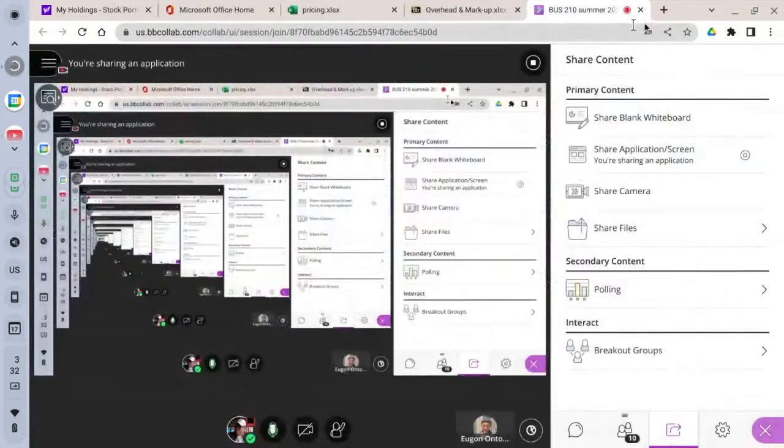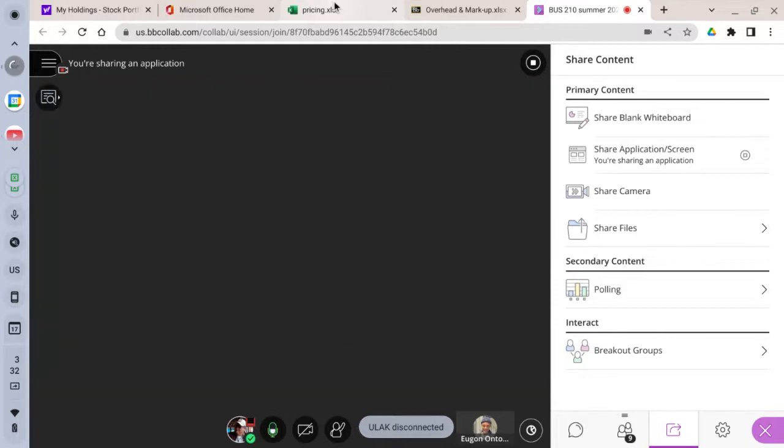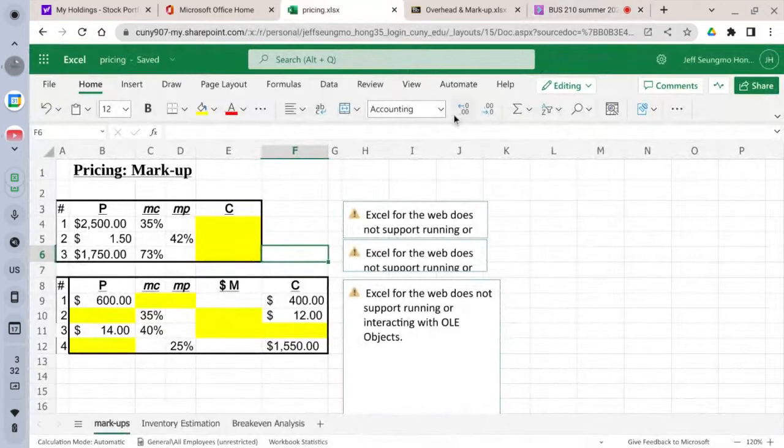Okay, so that should unload some burden on the resources. Okay. And I'm still waiting for this thing to open.